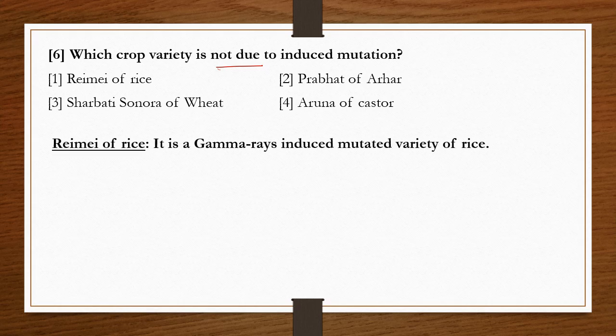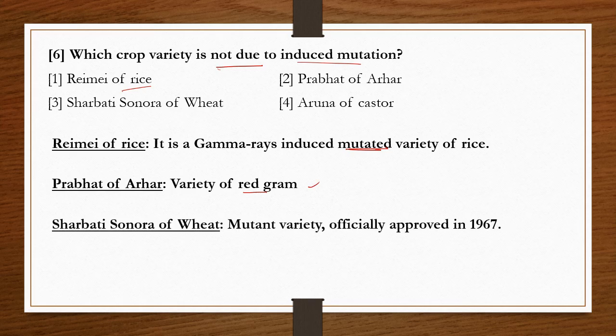Remy of rice is a gamma ray induced mutated variety. That means the rice is produced by mutation. Next, Prabhat of arhar is a variety of red gram, but it is not a mutated one.